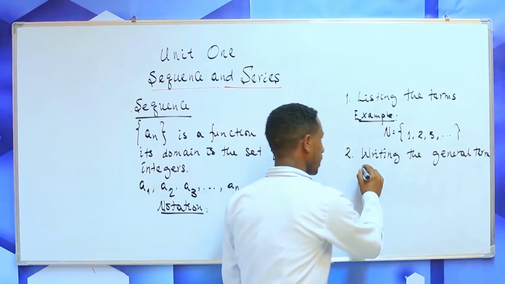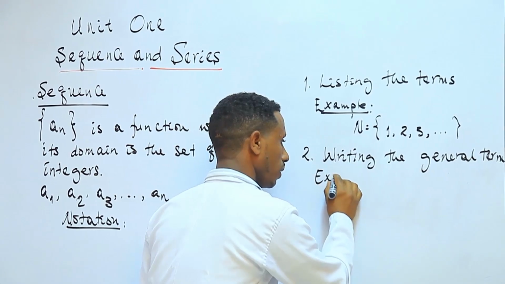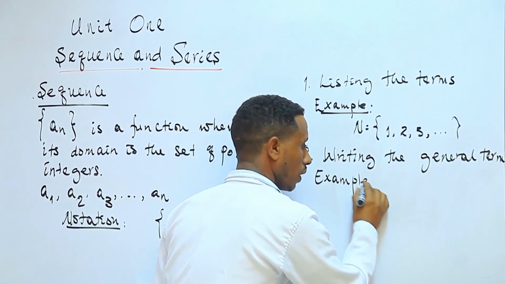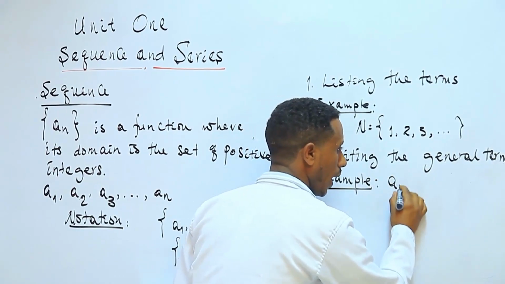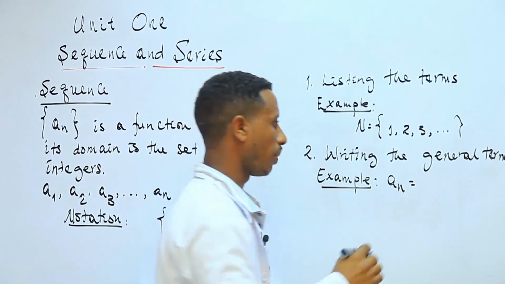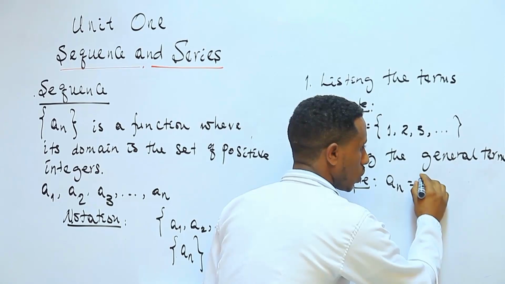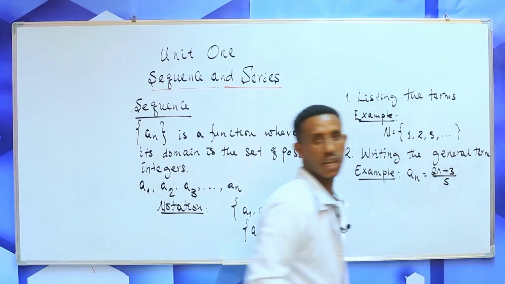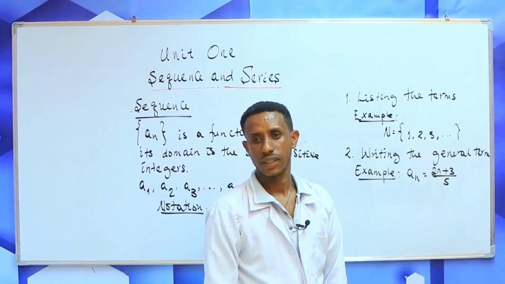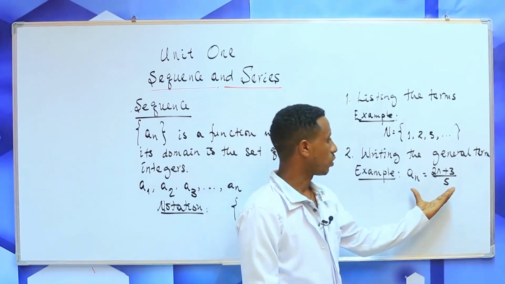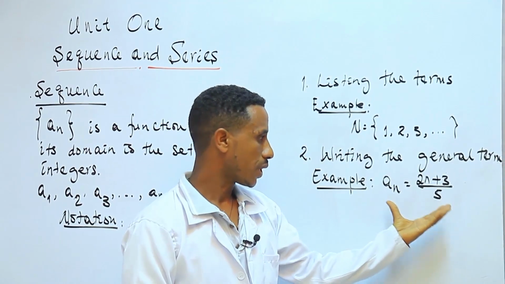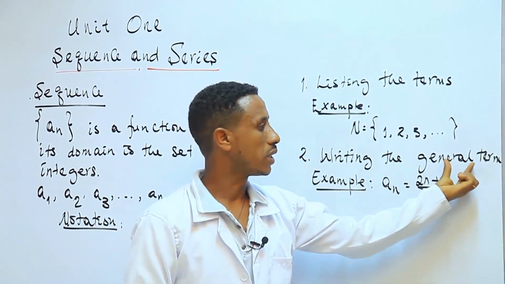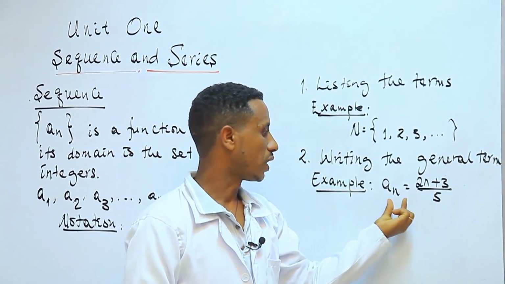For example, an is given by (2n + 3) over 5. We can describe a sequence like this. This is said to be expressing a sequence with a general term. The general term is an.